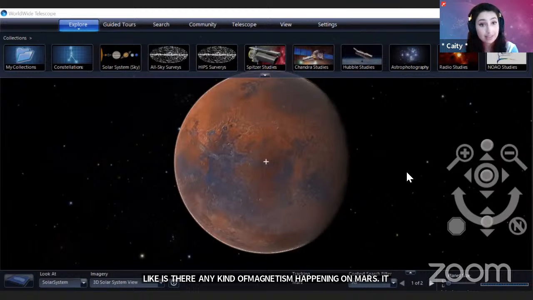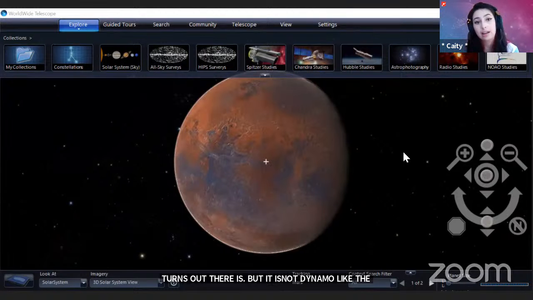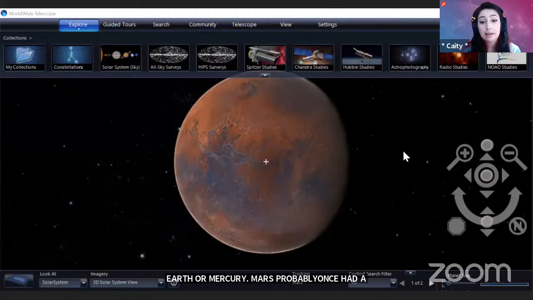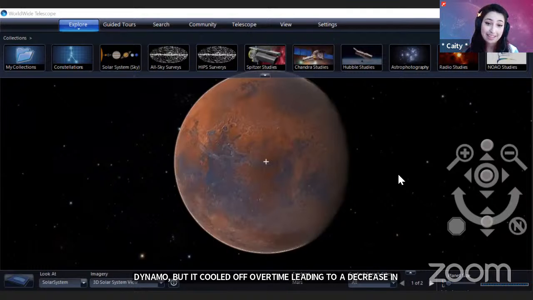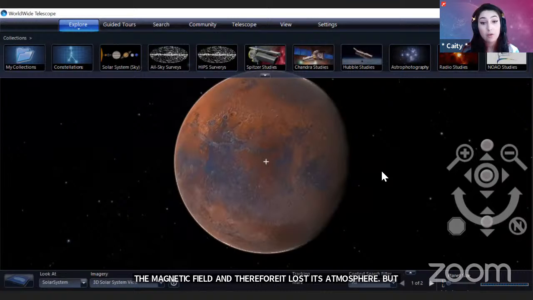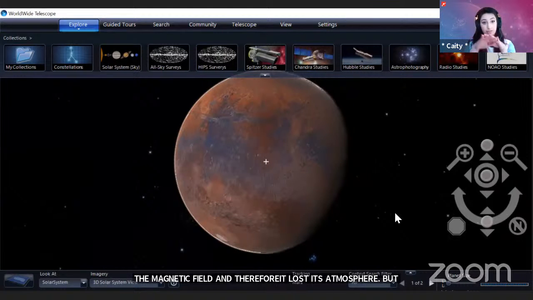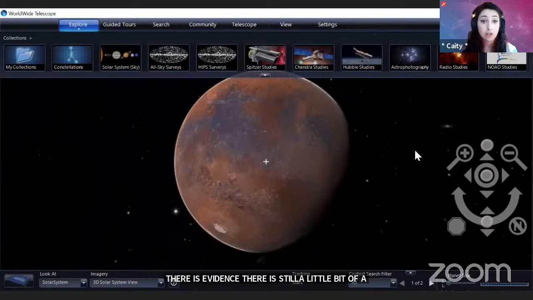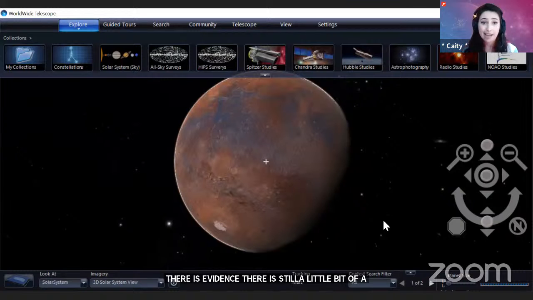Mars probably once had a dynamo, but it cooled off over time, leading to a decrease in the magnetic field, and therefore it kind of lost its atmosphere. But there is evidence that there is still a little bit of a magnetic field in the southern hemisphere on Mars. So basically all of the material on the surface of Mars is relatively new. So it's not magnetized at all.